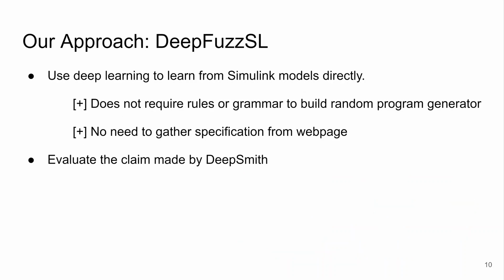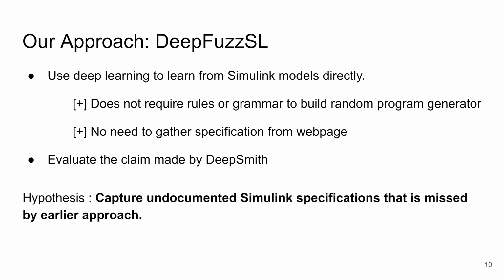Therefore, in our work, our approach is to learn from a corpus of Simulink models directly, using the DeepSmith architecture. In doing so, we are able to validate the claim made by DeepSmith, as well as test our hypothesis that a deep learning-based model generator can capture undocumented specification.